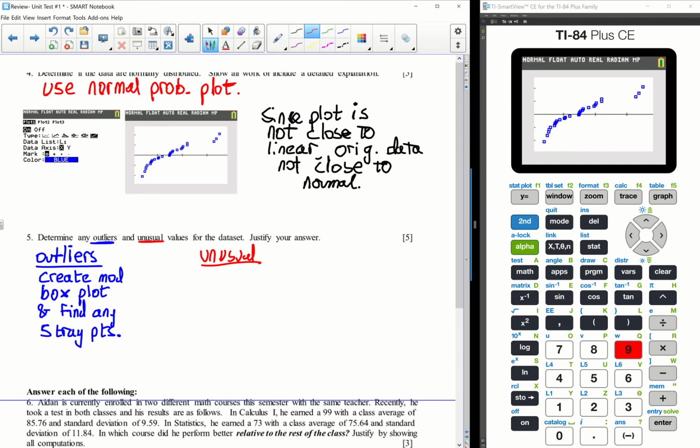So that's x bar minus 2s, and x bar plus 2s. All of the stuff is still in there. We've been working off the same data all this time, so everything we need is ready to rock.